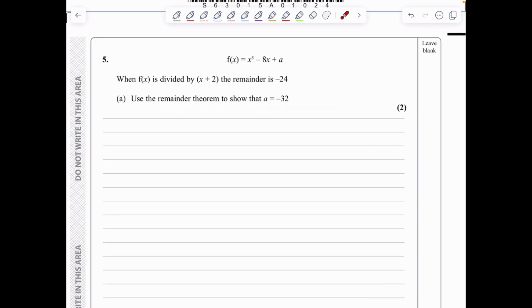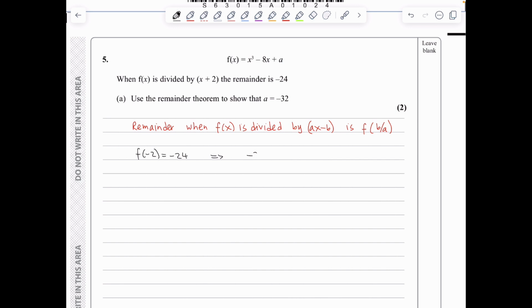In 5, we've got an expression for f of x here, and we are told that the remainder when we divide by x plus 2 is negative 24, and we need to use the remainder theorem to show that a is minus 32. Well, we know that the remainder when f of x is divided by ax minus b is given by f of b over a, which in our case simply means that f of minus 2 should be minus 24.